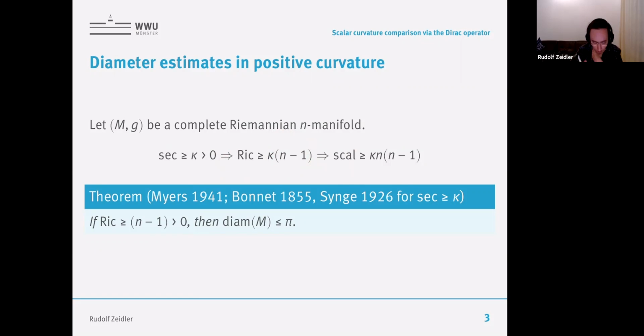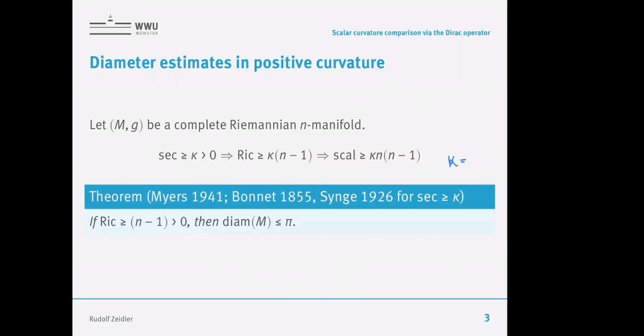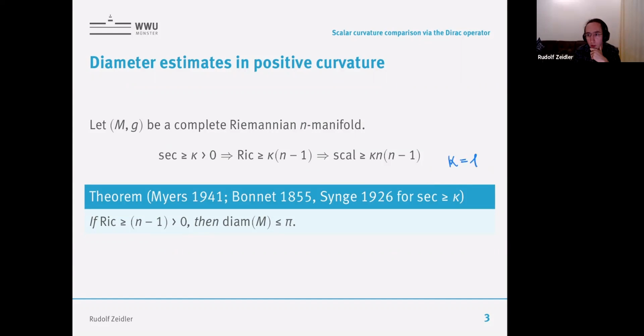From now on, I'd like to normalize everything to this number equal to 1 and state everything for this. Of course, you can rescale and get back to whatever you want. Now, the classical result of Myers, which the way I stated it here goes back to this date, but for sectional curvature this was known much earlier.